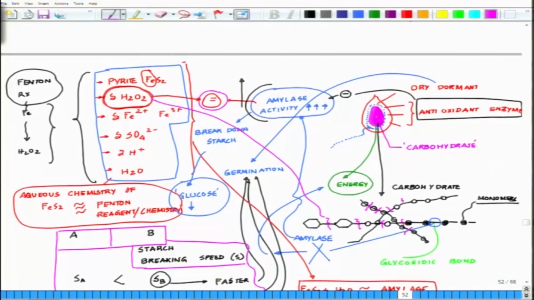So, it is generating reducing sugar far faster than amylase does in a normal process, and by that process it is ensuring faster germination, and faster germination leads to faster growth.